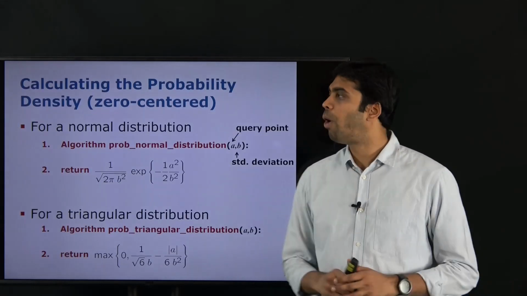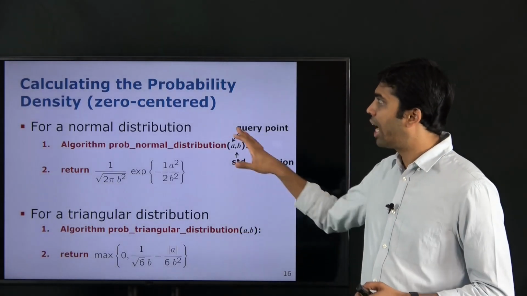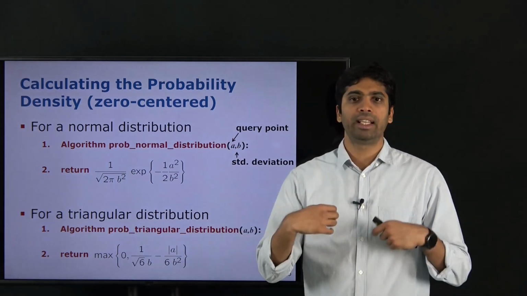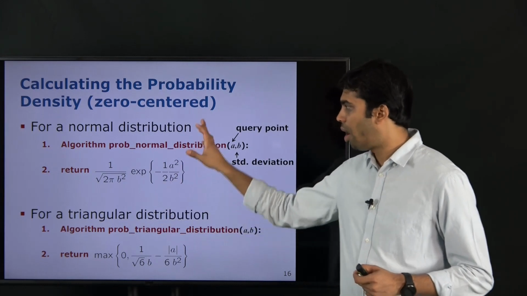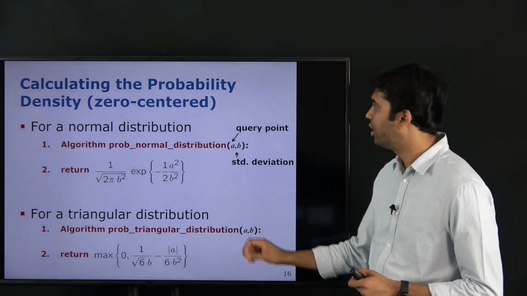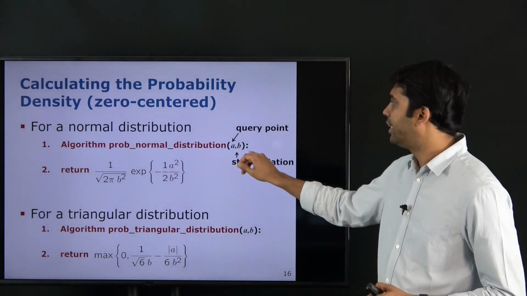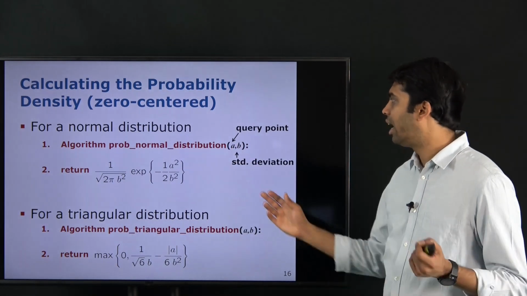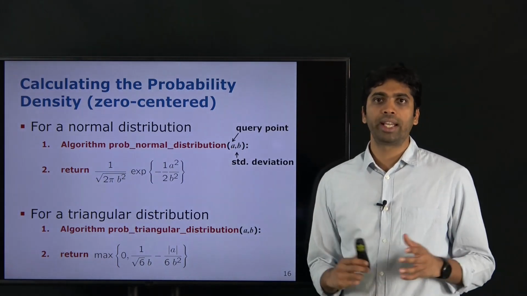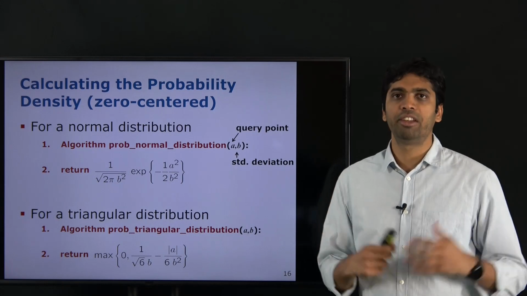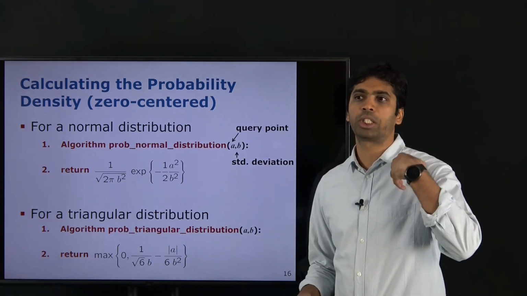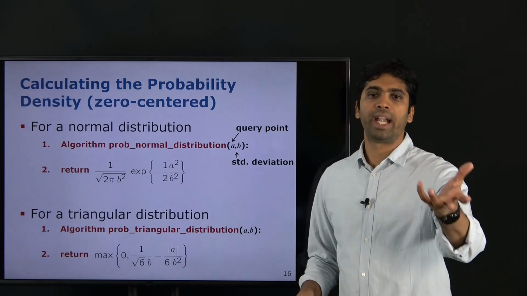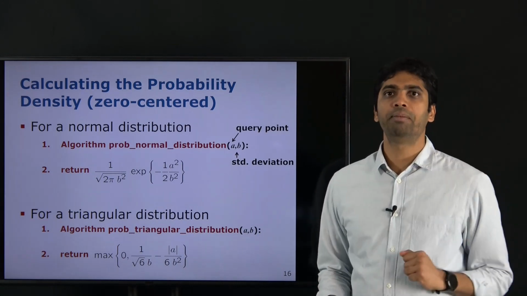Just a point to note: how do we actually calculate this probability at a particular point? It's again just the equations of a normal distribution and a triangular distribution. What we see here as A and B are what are called the query point and the standard deviation. The query point in our case would be, suppose we expect the robot to end up at, say, x prime.